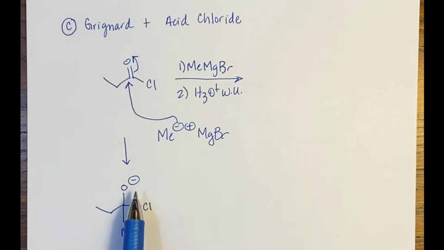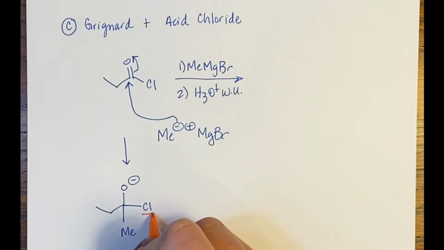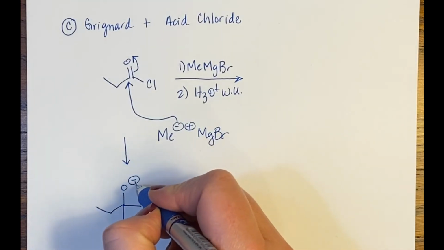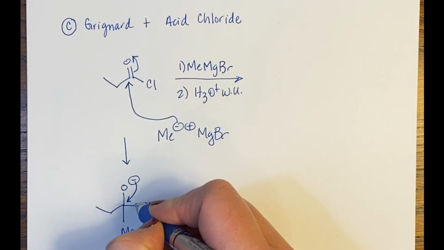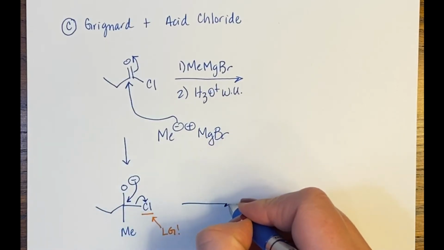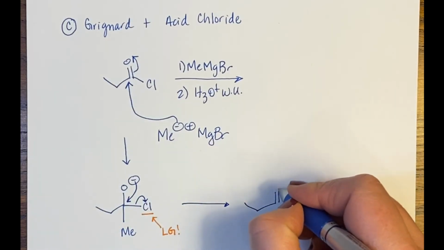I made my first carbon-carbon bond out of this reaction, but when I look at this tetrahedral intermediate, I notice that I have a leaving group. I know from my reactions of acid chlorides that anytime I had a chloride present in a tetrahedral intermediate, it was capable of acting as a leaving group, and this is no different. Due to the presence of the chloride in this tetrahedral intermediate, this tetrahedral intermediate can collapse, kick out that chloride, and give me a new intermediate, which is a ketone.